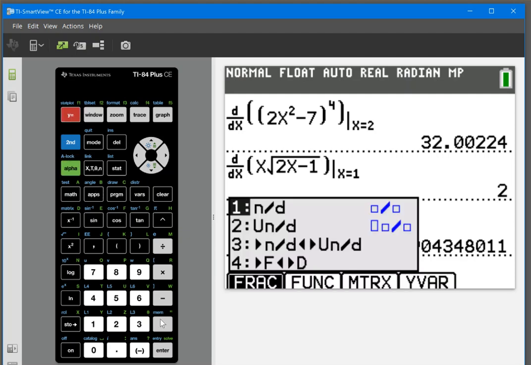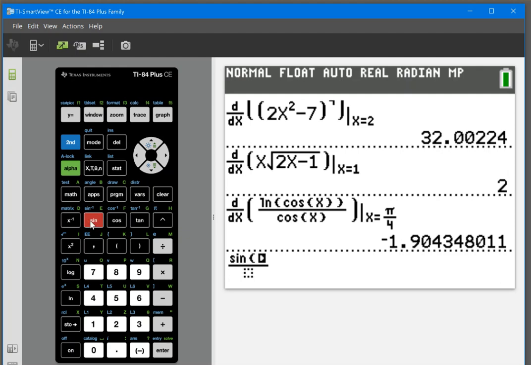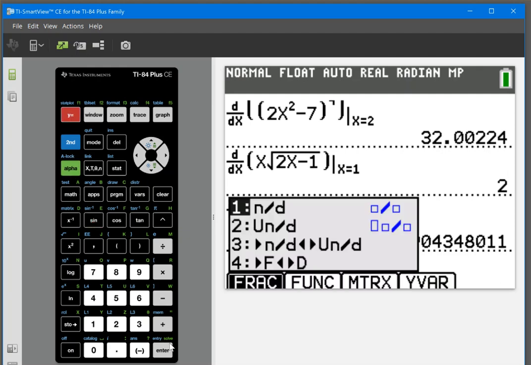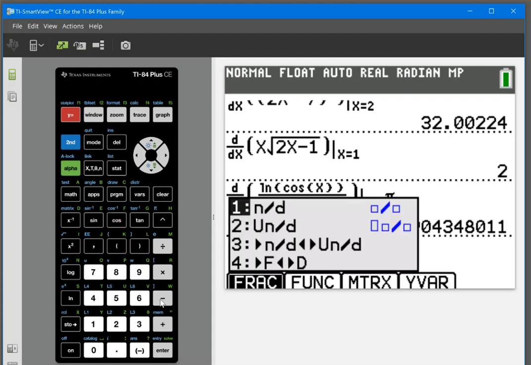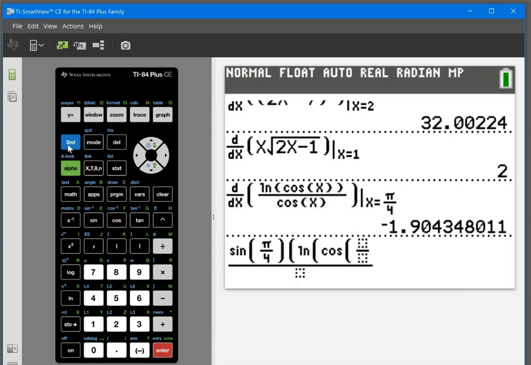So that's going to be alpha y equals the sine of pi over 4, and then it was parentheses the ln of the cosine of pi over 4, minus 1.